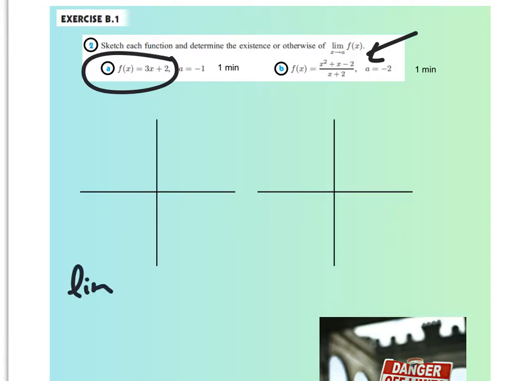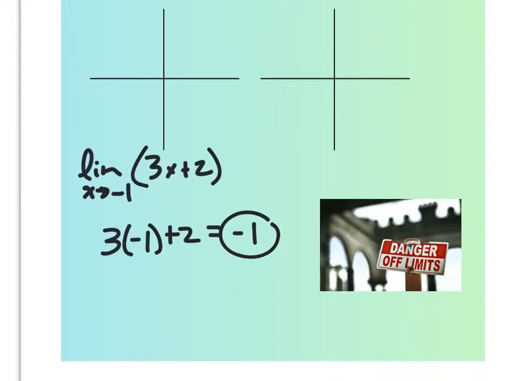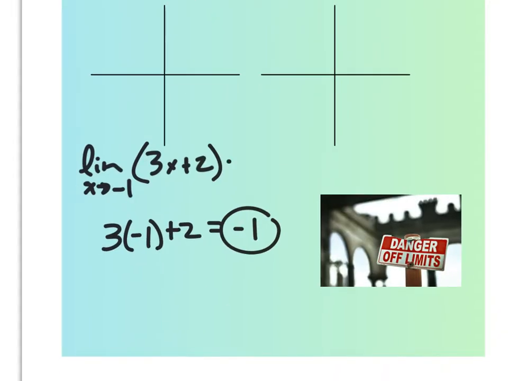Here I'm not worried about this at all. So I know that the limit as x goes to negative 1 of 3x plus 2, I'm just going to direct substitute right in there. And when I plug it in, I get negative 3 plus 2, so it looks like I get negative 1. So the limit as x goes to negative 1 of 3x plus 2 is negative 1.